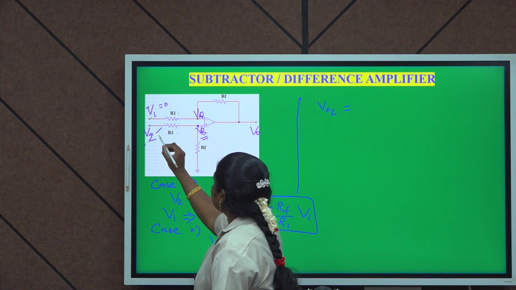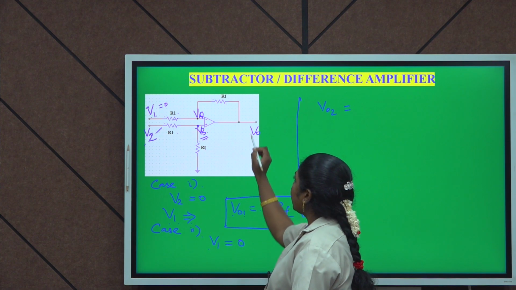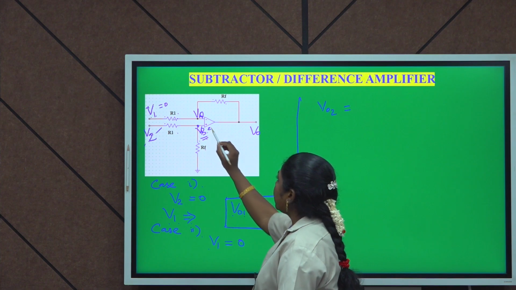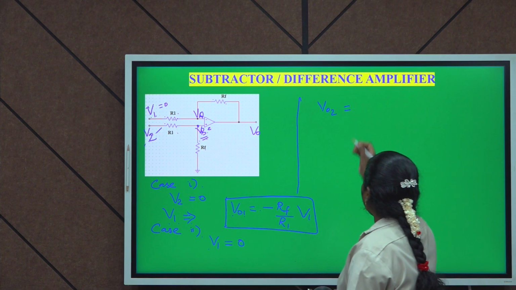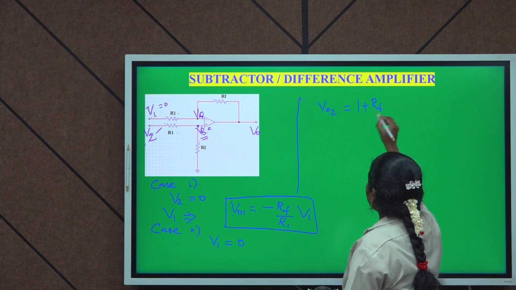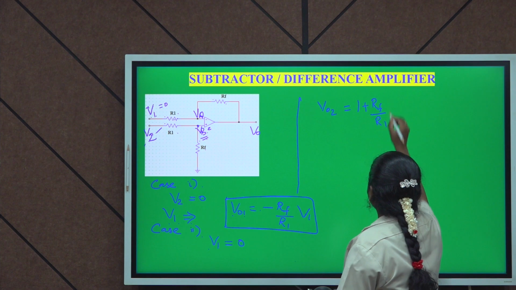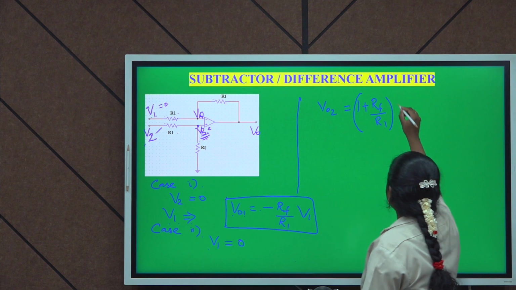When V2 is not equal to 0, this operational amplifier configuration is a non-inverting operational amplifier. For the non-inverting operational amplifier, the gain is 1 plus RF by R1. This gain is multiplied with the input voltage VB.